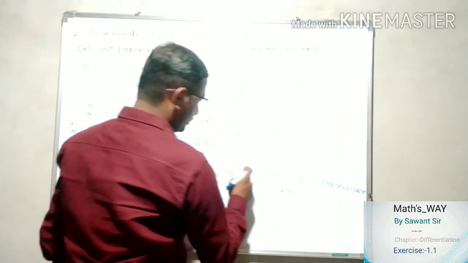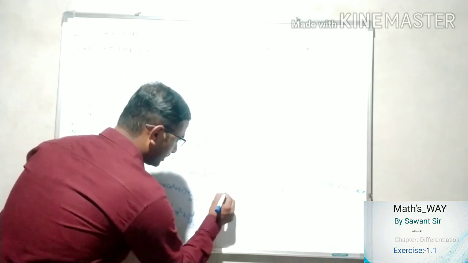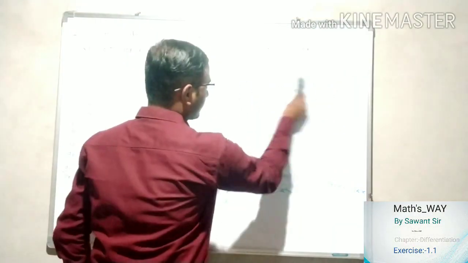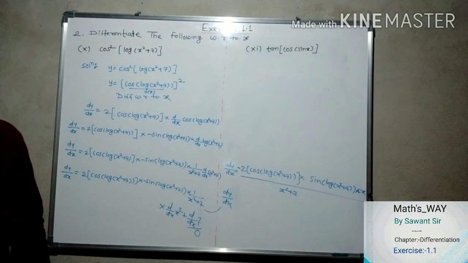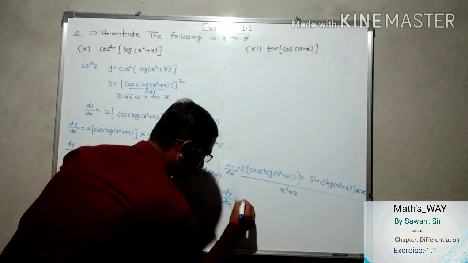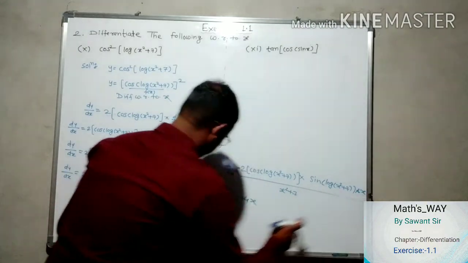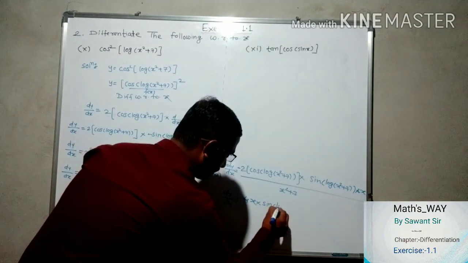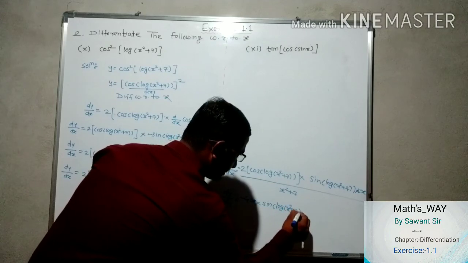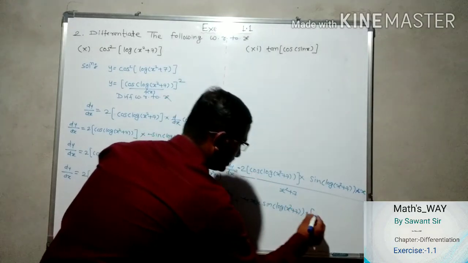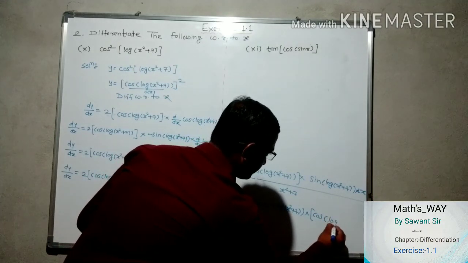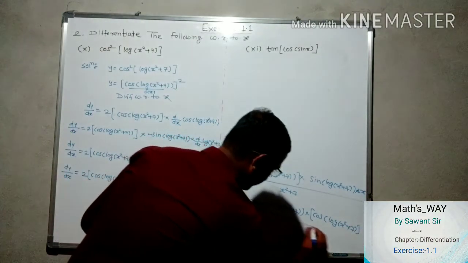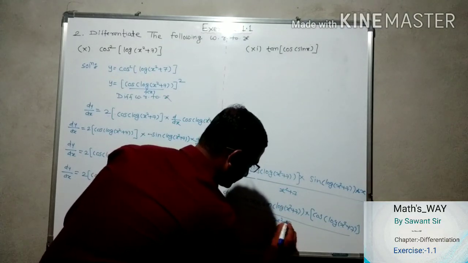So that is 2 into 2. So dy by dx is equal to minus 4x into sin of log of x square plus 7 into cos of log of x square plus 7, whole upon x square plus 7.